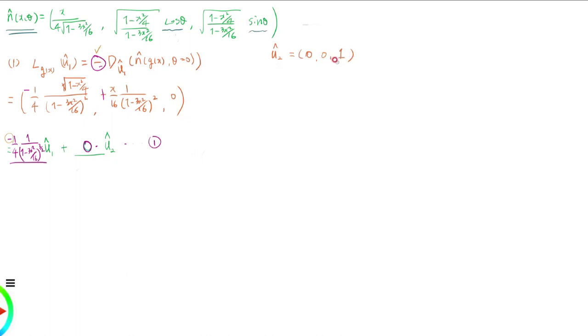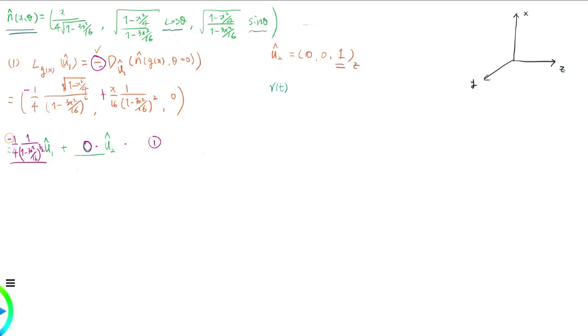Here, the direction only changes the z direction, so I'm gonna take the unit speed curve, which has a parameter t, and let me draw a picture here.